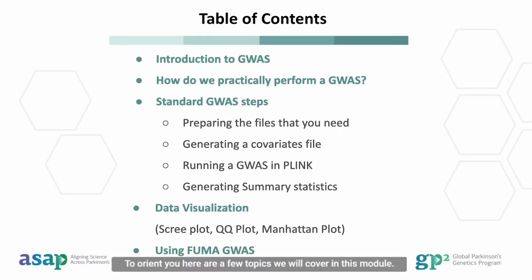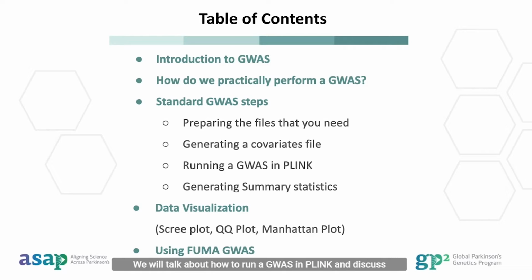To orient you, here are a few topics we will cover in this module. First, a quick introduction or reminder to what a GWAS is, and important limitations to consider with this type of analysis. Afterwards, I will tell you how to get started and what files you will need. We will go over how to generate a covariates file. More on that later.